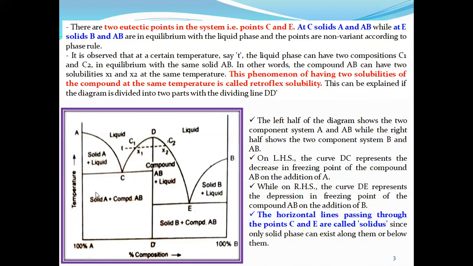In other words, the compound AB can have two solubilities, X1 and X2. If the compound AB is in equilibrium with a liquid phase, that itself indicates the solubility. We can determine the composition by determining the solubility in the liquid phase.